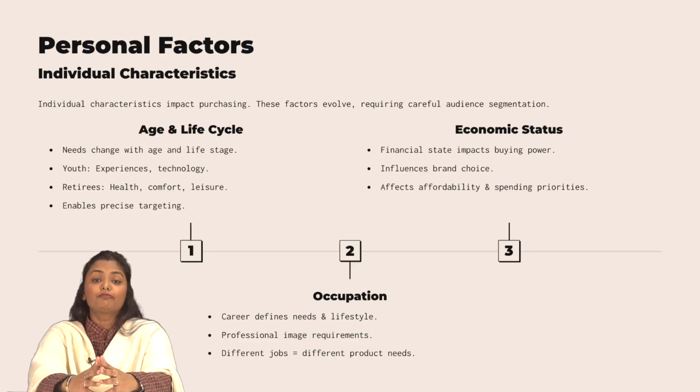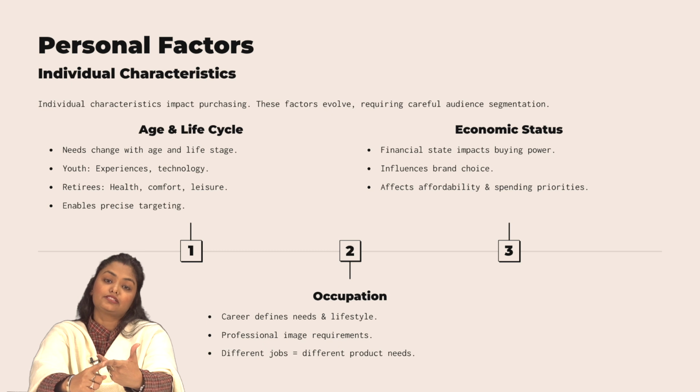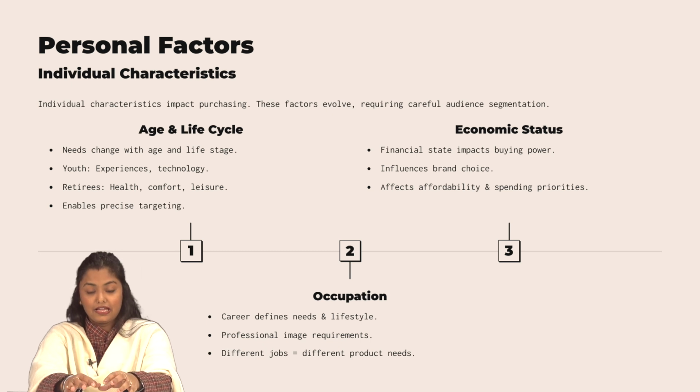We also have personal factors, which are specific to the individual's current life situation. Here we have age and life cycle stage, which is very critical. People change their purchases over their lifetime. Marketers must develop appropriate plans for different stages from youth to old age.